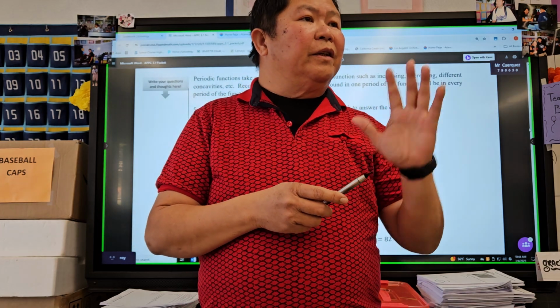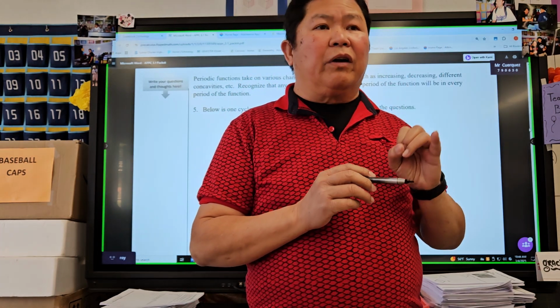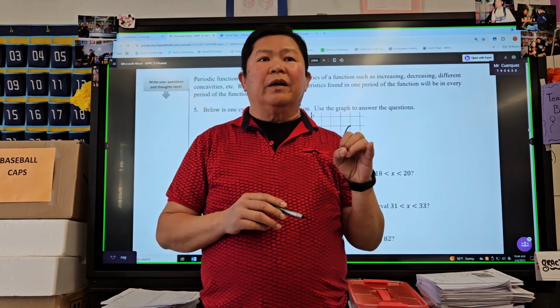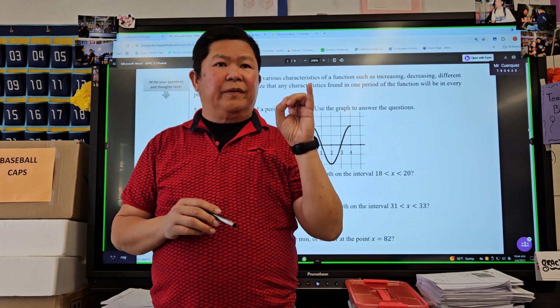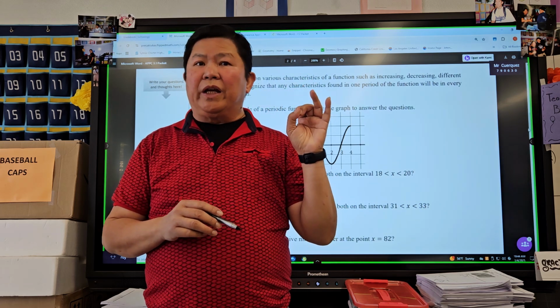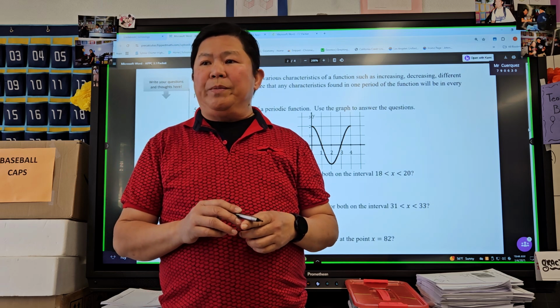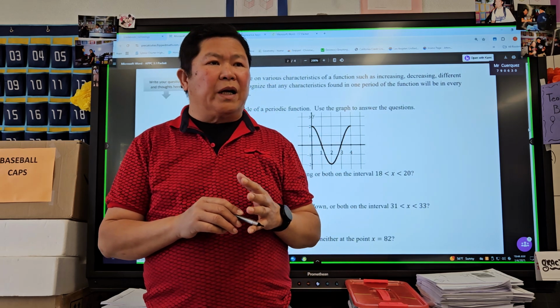Again, guys, what are these characteristics? Look at the graph, whether it is increasing or decreasing. And what's next? Concavity, either concave up or concave down. And what's next? The extrema, either relative minimum or relative maximum.